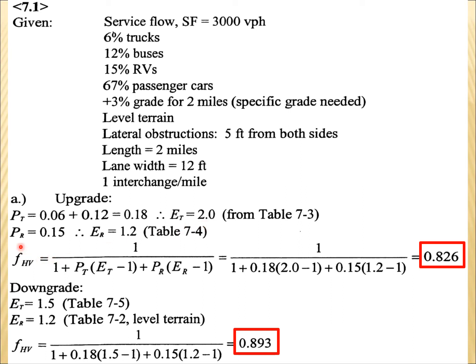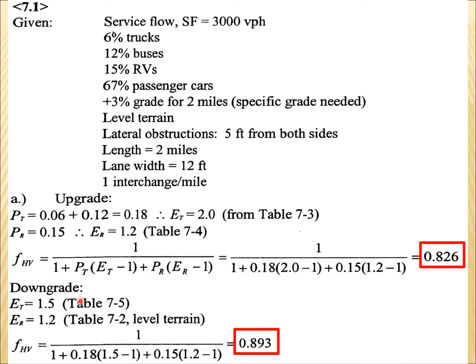Then look at the recreational vehicles, P sub R, the proportion of recreational vehicles, that is 15%, so it is 0.15. And then by consulting Table 7-4, we have E sub R equal to 1.2. Then by using the formula for F sub HV, the heavy vehicle adjustment factor, just plug in the values and you will get the answer equal to 0.826.